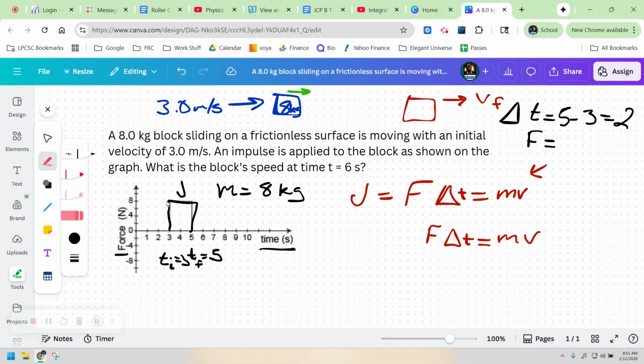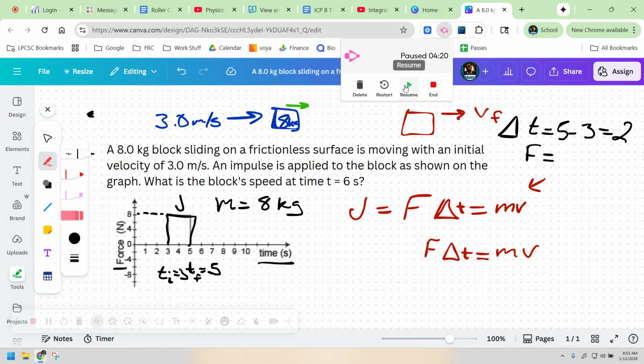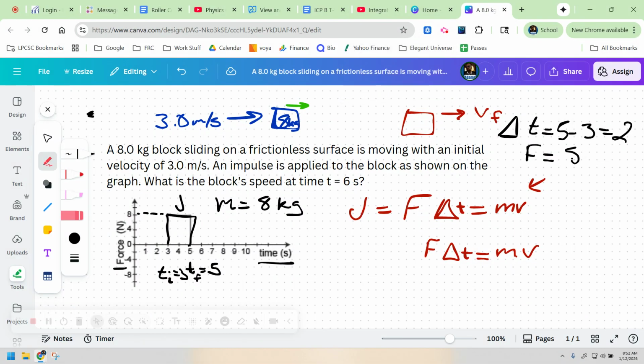Now to calculate the force, I just have to figure out how high it is. Well, it's 8 newtons. So what I'm doing is I'm applying a force of 8 newtons. So then my force, because this is over here and it's 8 newtons, is just 8 newtons.